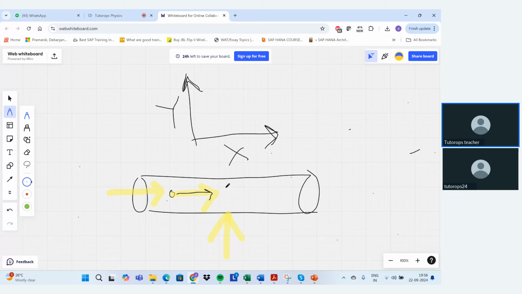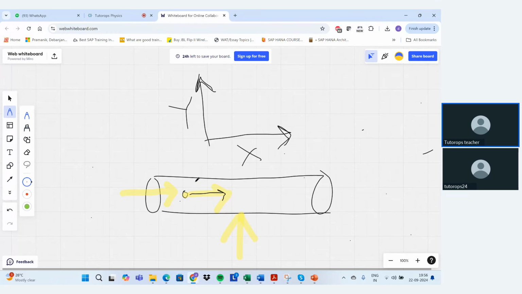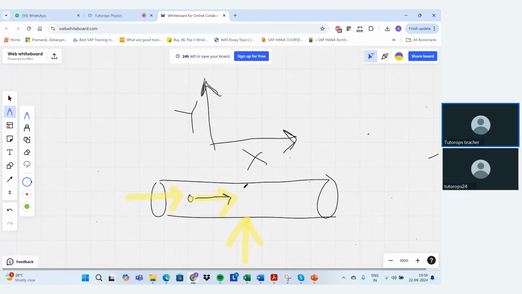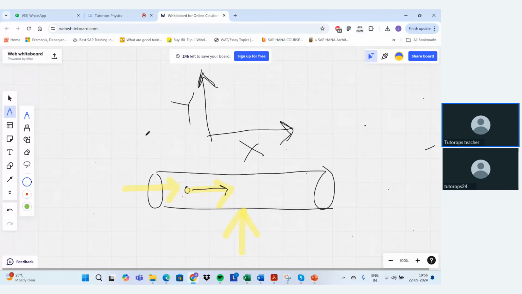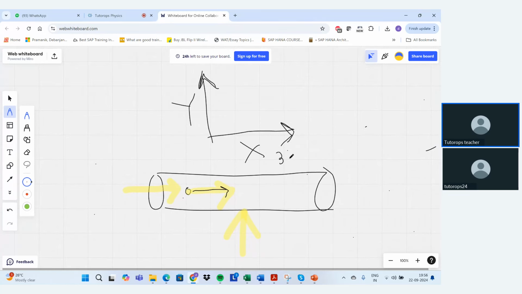For example, the x-axis is 3 meter per second, and for the y-axis I am considering 4 meter per second.